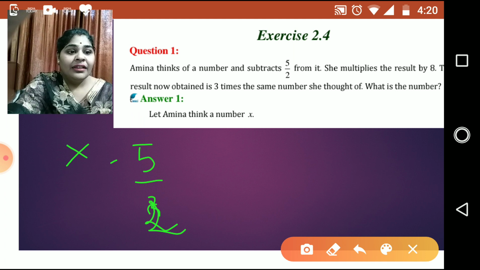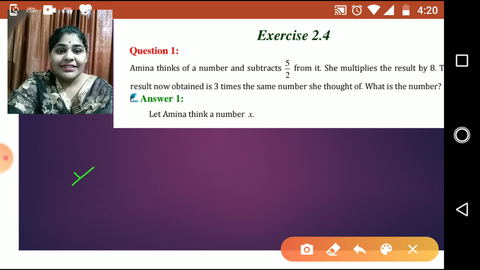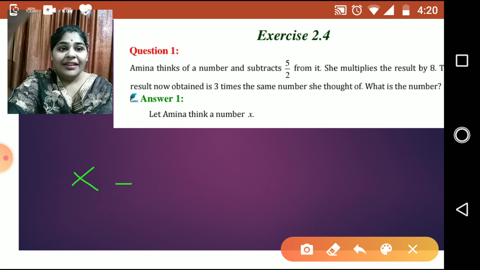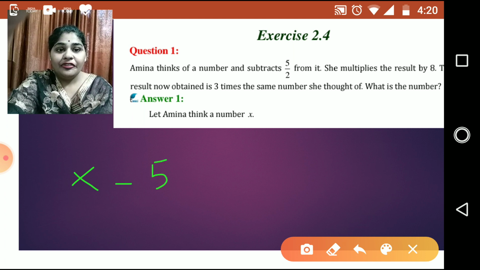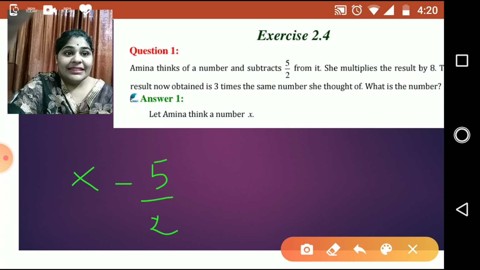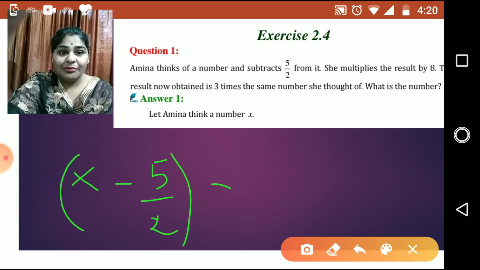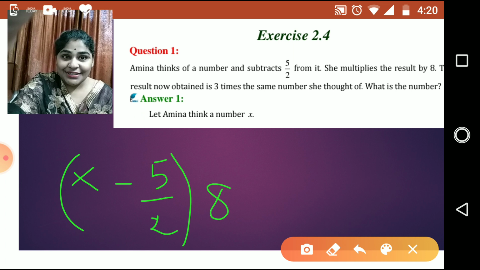Now let me write it once again. This is x, the number Amina thinks of, and we subtract 5 upon 2 from that number, right? Then she multiplies the result by 8. So whatever result comes, we are going to multiply it by 8.